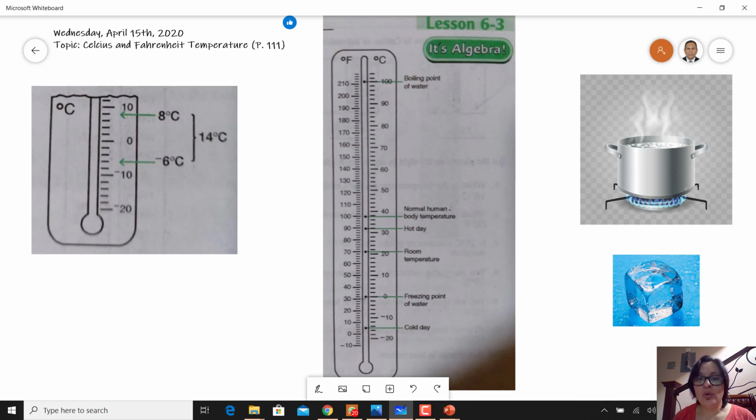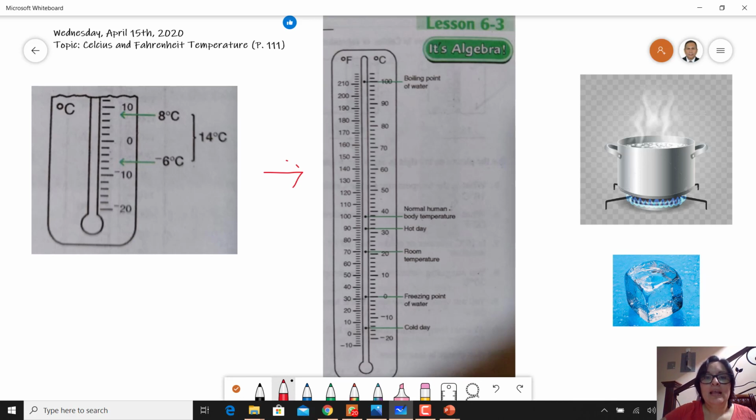On that page, you are going to see an image like this one that I have here, and it's the figure of a thermometer. If you can see, we have the two units in which we can measure the temperature. We have Fahrenheit degrees and also Celsius degrees.